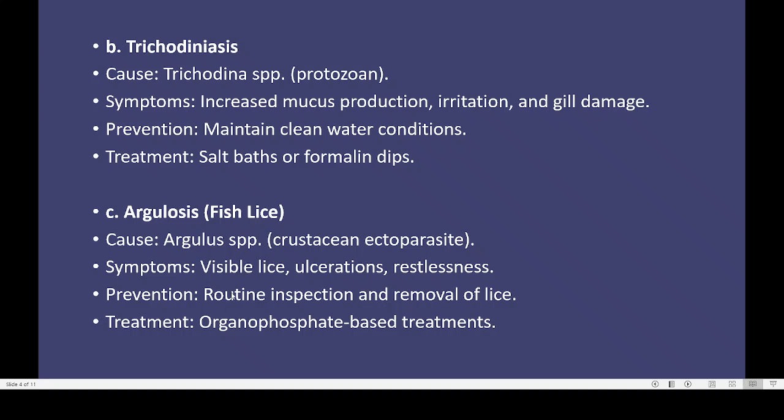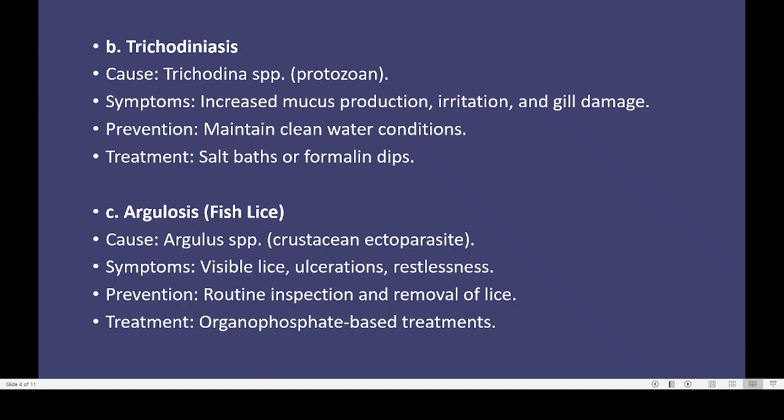It is caused by a type of crustacean ectoparasite known by the name Argulus species, and that will be causing ulceration. Ulceration means a small wound will be there, and the important symptom is that lice may be present on the surface, just like lice is present on our head.